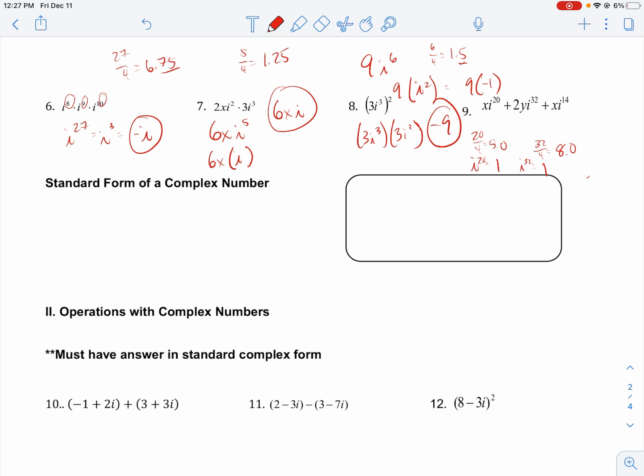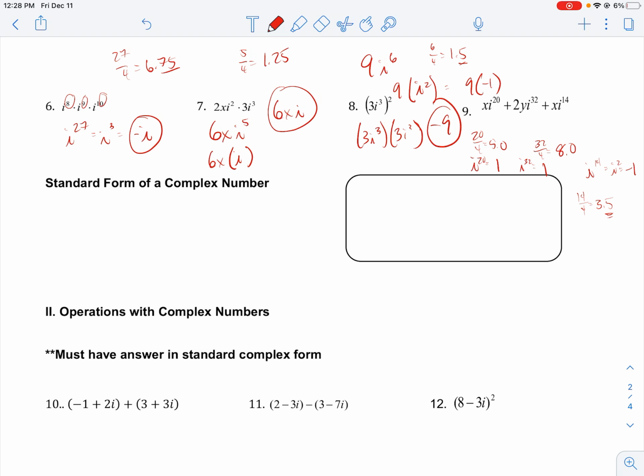And then the only one that's probably worth something is i to the 14th. So 14 divided by 4 is equal to 3.5, so a remainder of 0.5, so i to the 14th is equal to i squared, which is equal to negative 1.